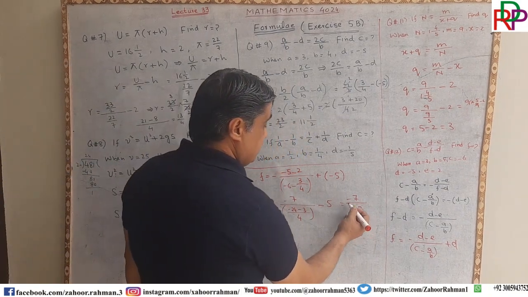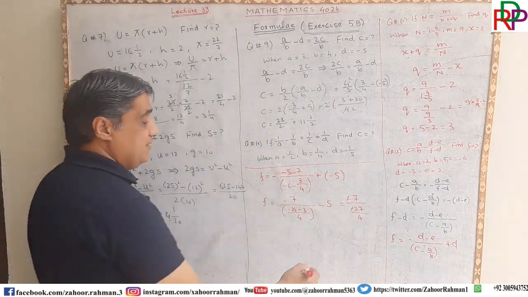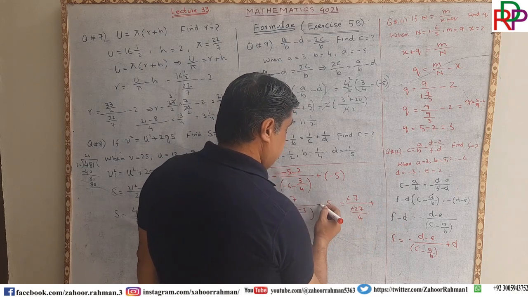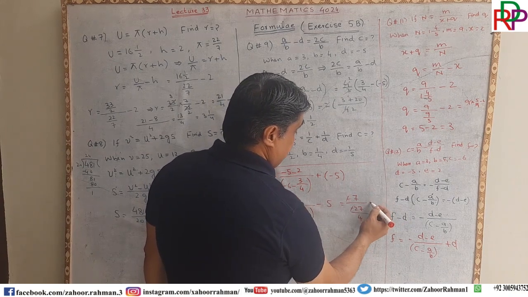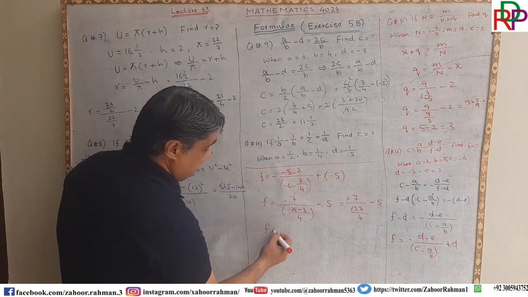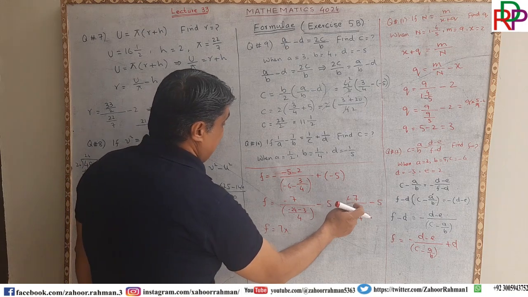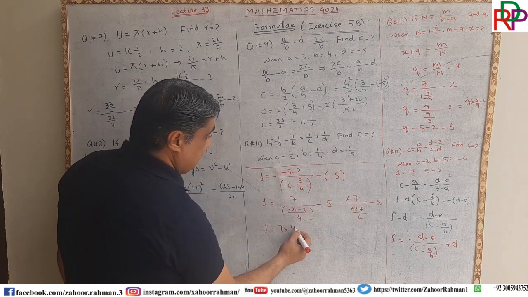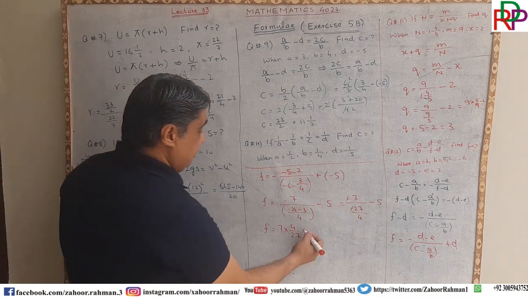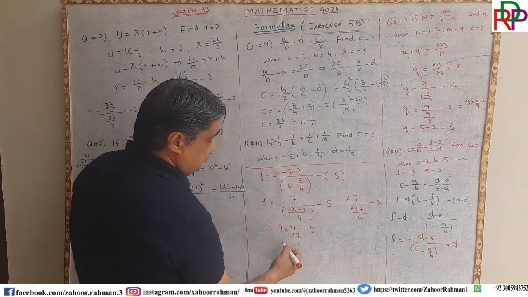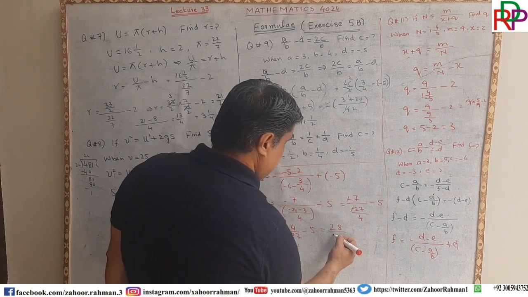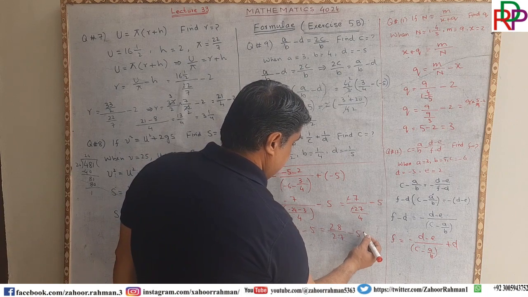So this negative symbol will be cancelled with this one, and we have to write this minus 5, because it is minus. Next step is F is equal to 7. We are taking the reciprocal, 4 over 27, and then minus 5. So it will be equal to 28 divided by 27 minus 5.